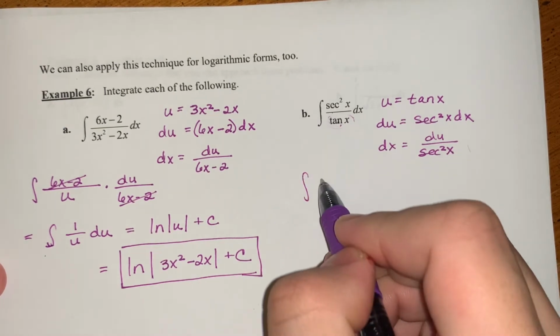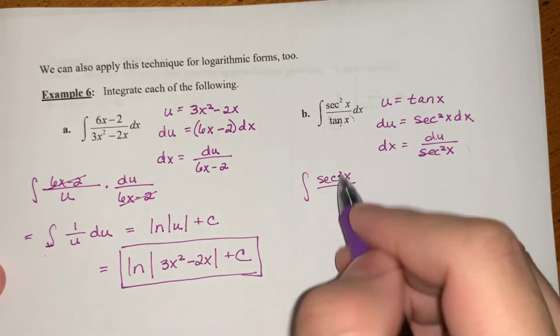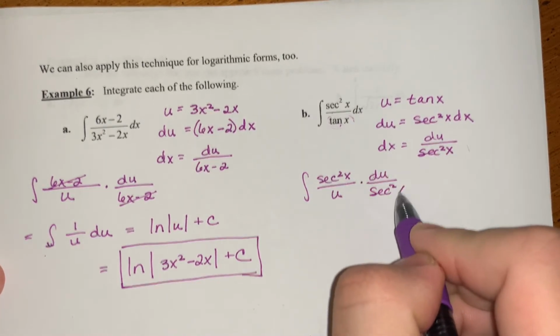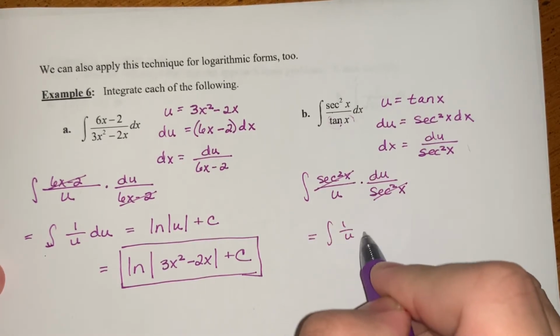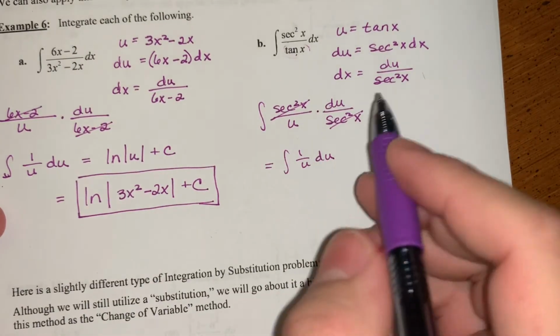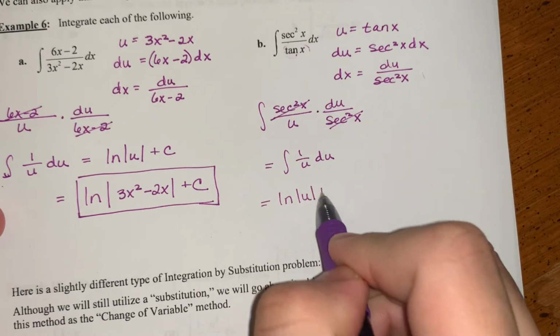I have the integral of secant squared of x over, now the bottom was u, times du over secant squared of x. Those cancel. Integral of 1 over u du, and now hopefully you understand the process. The integral of 1 over u is in fact the natural log of the absolute value of u plus c.